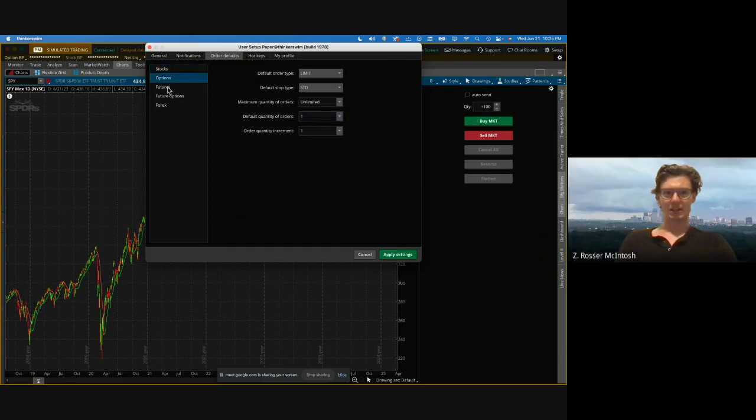And you have to set these separately. This is the number of shares of stock if you hit stocks. Options, number of contracts. Futures, number of contracts. Futures options, again, number of contracts. And Forex, the default lot size that we're going to be trading.